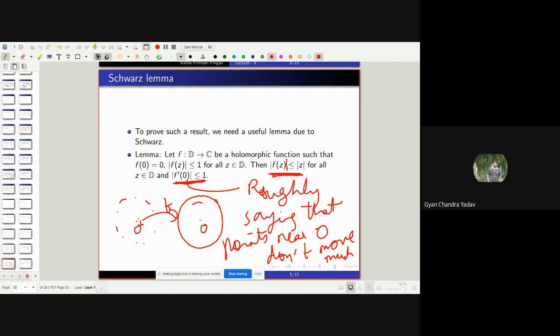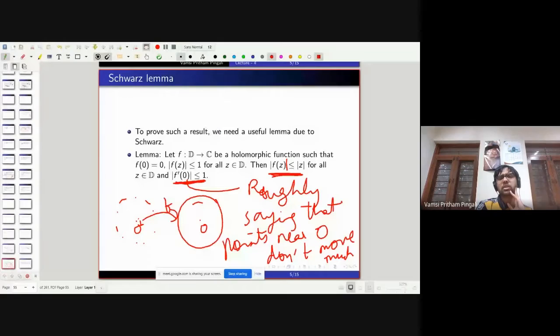Sir, the map is from unit disk to unit disk only? More or less, yes. Because of this condition, it's unit disk to unit disk, except that on paper one of these can go to the boundary, because it's less than or equal to 1, not strictly less than 1.